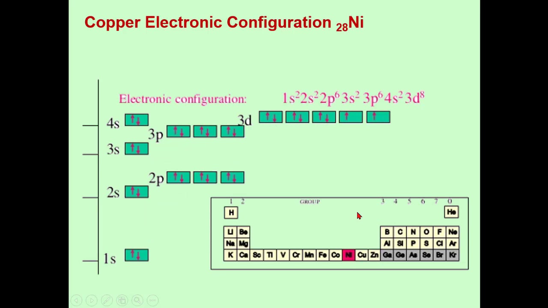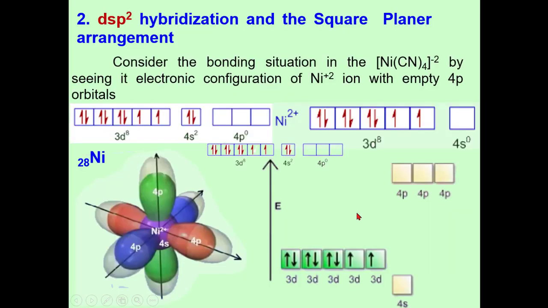So this is the electronic configuration of nickel. We have to compare the valence shell electronic configuration of nickel. Again, nickel has 28 electrons, and the valence electronic configuration is 3d8 4s2.